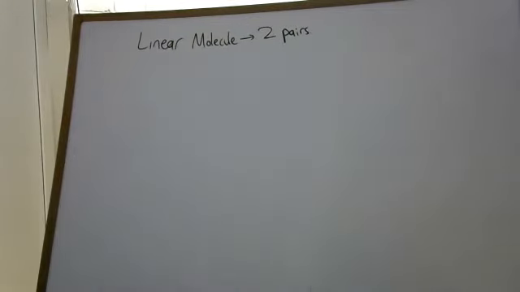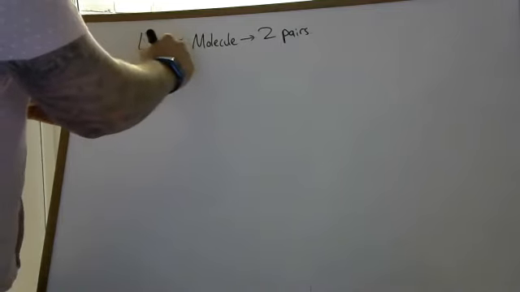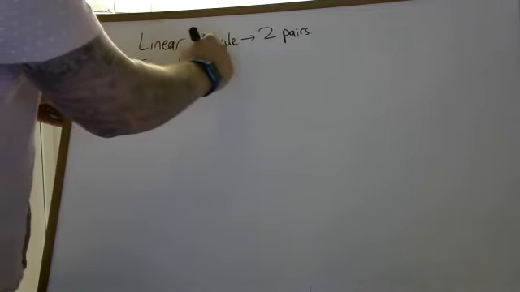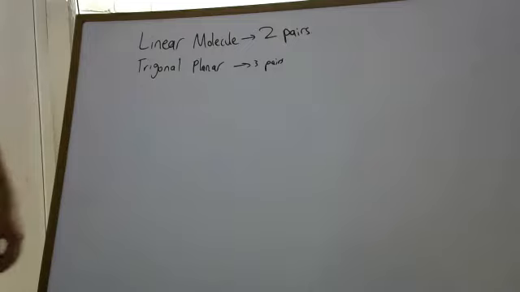So usually means something in group 2. If we have trigonal planar, three pairs. The first element will be likely from group 3.